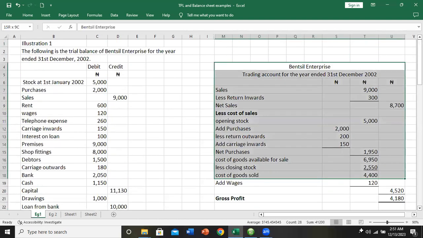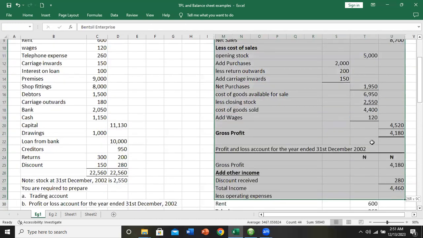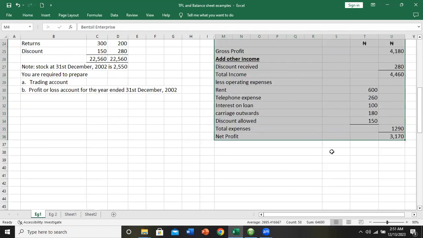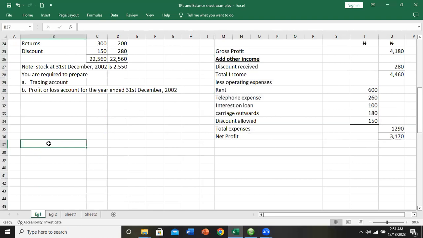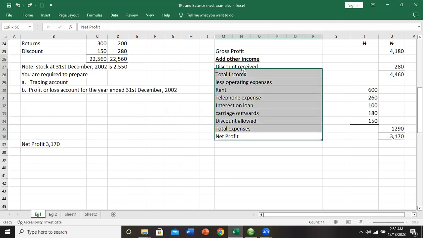Okay, so let me erase the trading and profit and loss. Please take note of our net profit. Our net profit was 3,170. Okay. So we'll use that in the balance sheets.